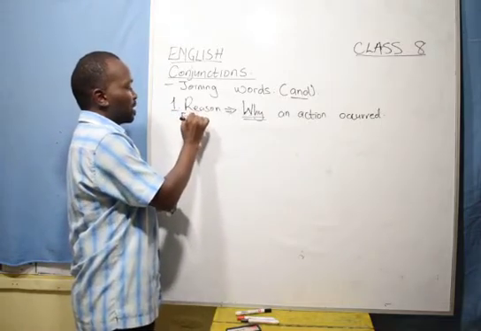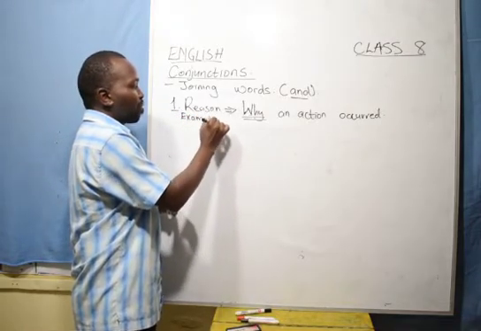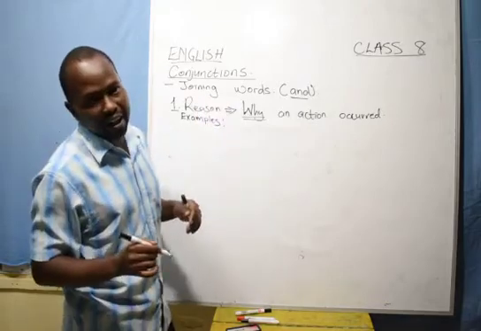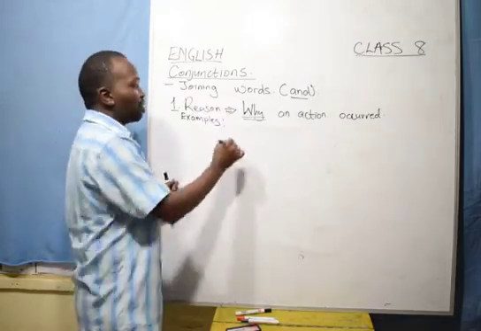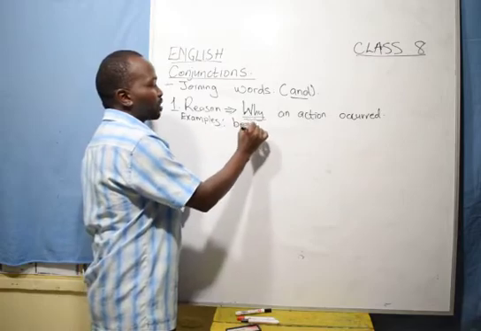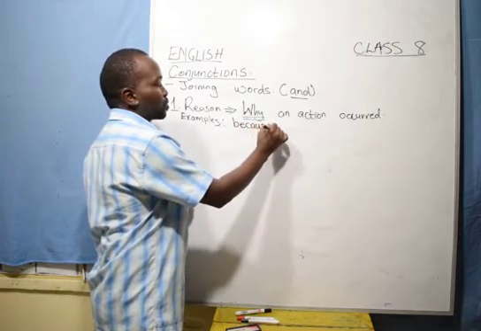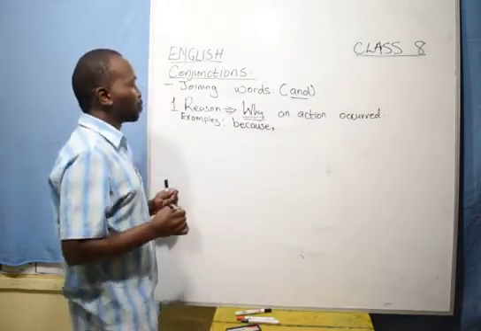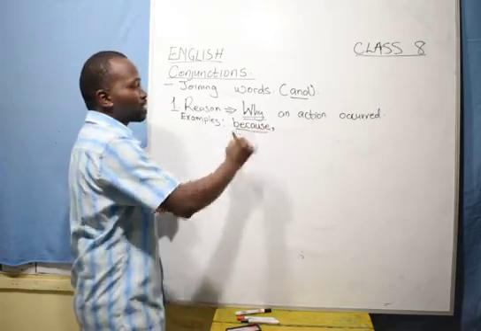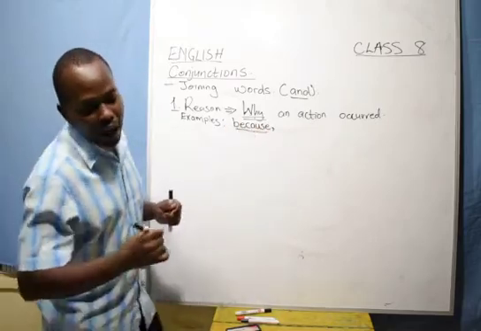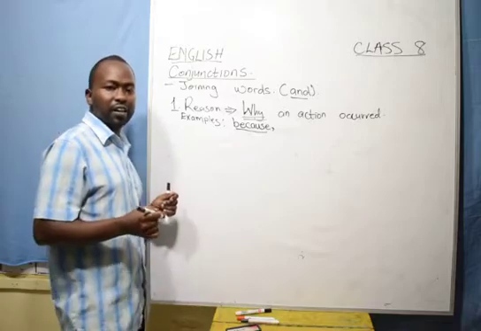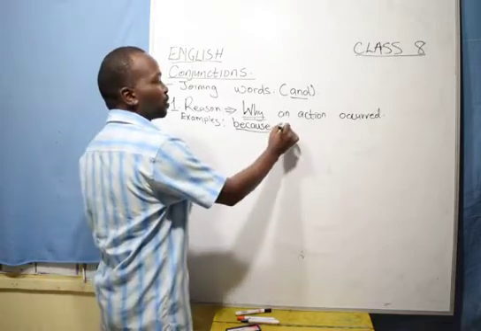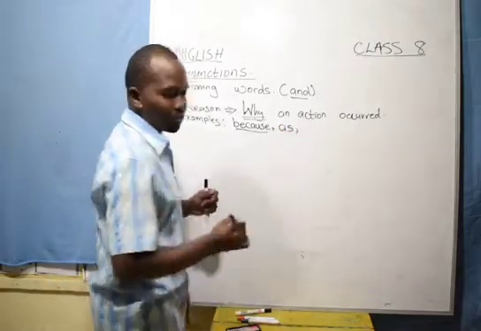Examples of these conjunctions, if I can give you one to start you off, is the conjunction because. Because is going to tell us why. Now, other conjunction maybe somebody can try. Very good. You have the conjunction as.